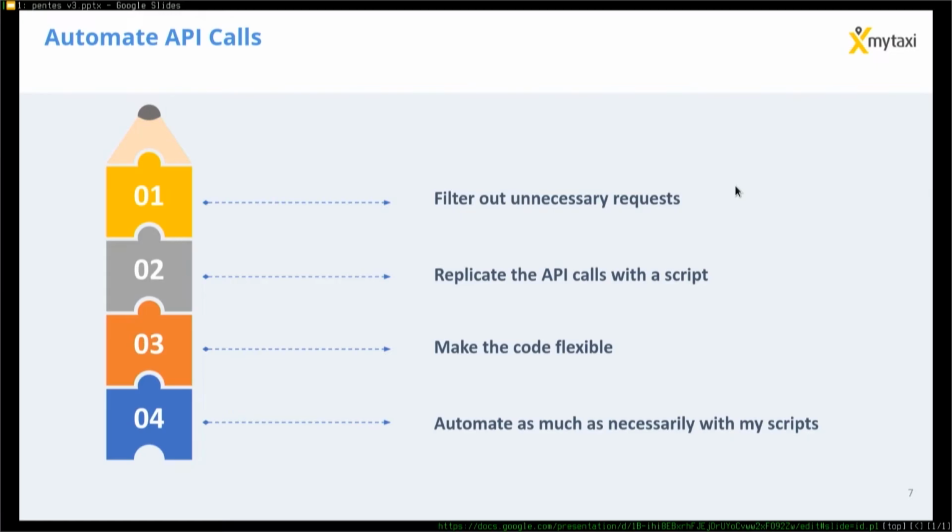I try to replicate all those requests with my script, and it is important to make the code flexible so I can use it to test in different development environments or different user accounts, to see if the bug is reproducible in other environments as well. I try to automate as much as possible with my scripts, so later it's easier to show them to other people.